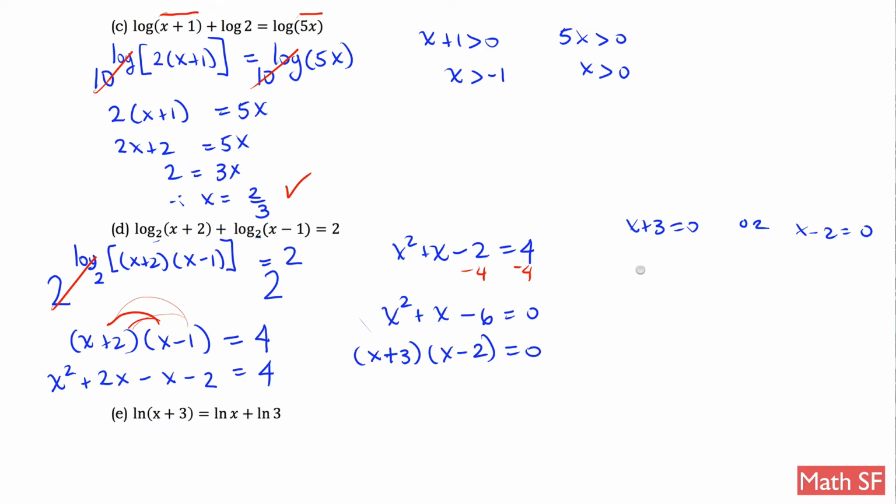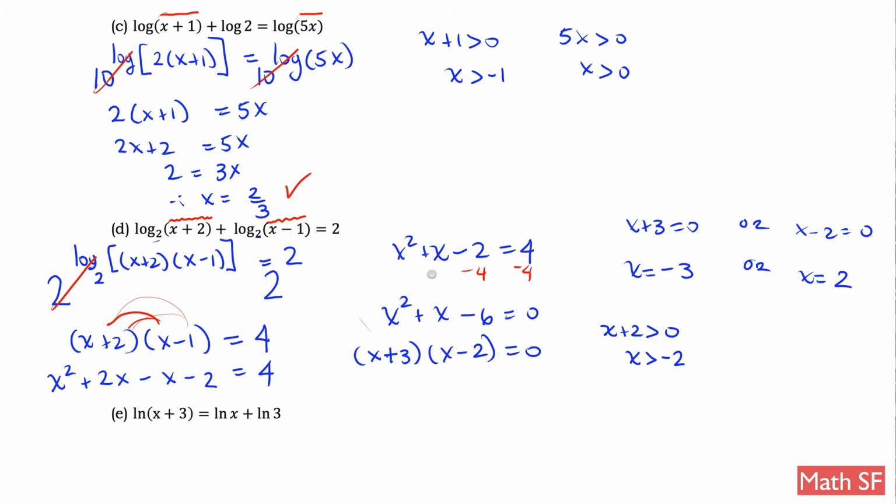So x equals negative 3, or x equals 2. But remember, this is a logarithmic equation, so we have to be very careful. x plus 2 should be greater than 0, part of the domain of the values that we need, which means that x must be greater than negative 2.